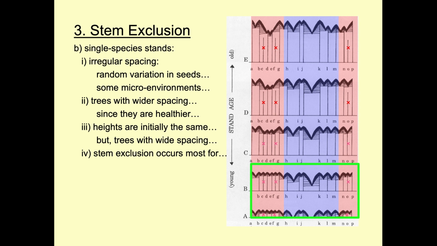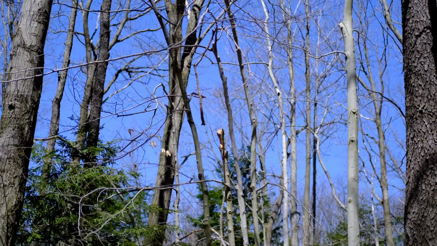So stem exclusion will occur most often for trees that are most closely spaced, because that will result in them becoming shaded by trees that had more space and were also faster growing. The closely spaced shaded trees will have lower net photosynthesis, will grow more slowly, and thus more likely to be excluded.